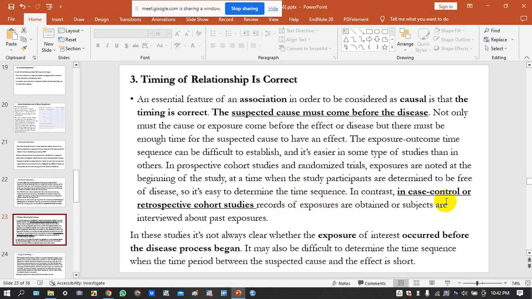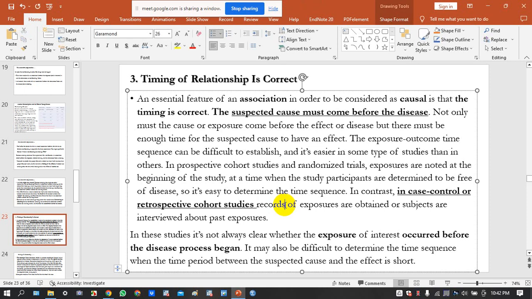In contrast, in case control or retrospective cohort studies, records of exposures are obtained or subjects are interviewed about past exposures. In a longitudinal or prospective study, prospective is the same as longitudinal, you start a study with the participants not having the disease. Then you follow them up to see when they get the disease. So the exposure status comes before the acquisition or the contraction of the disease.